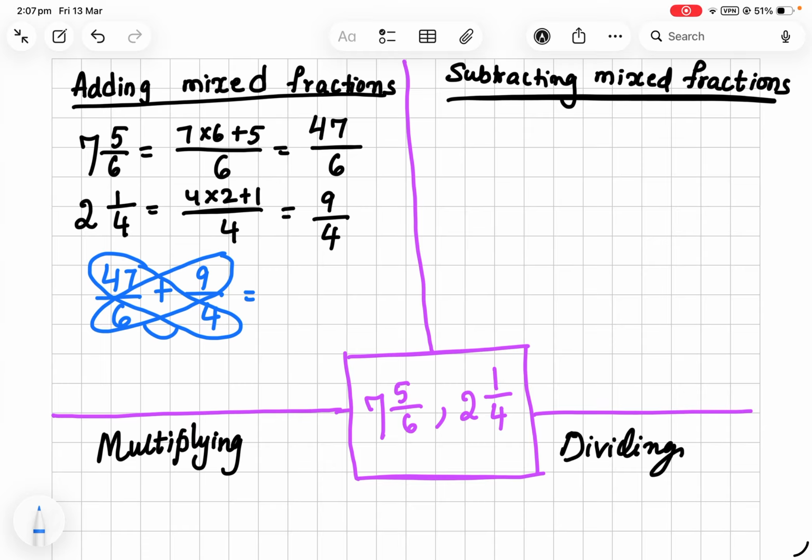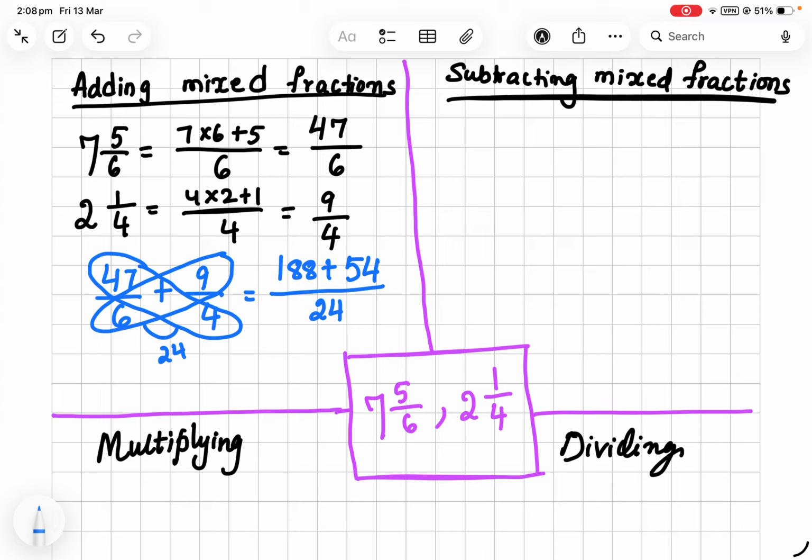So 47 times 4, that is 188, plus 6 times 9. 6 times 9 is 54, divided by 6 times 4. In the denominator, now you will have 24.